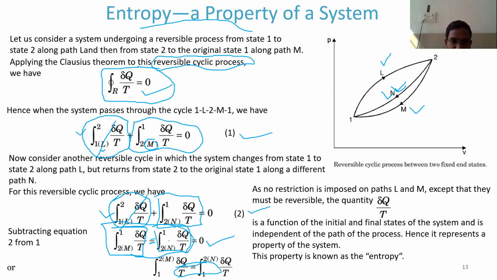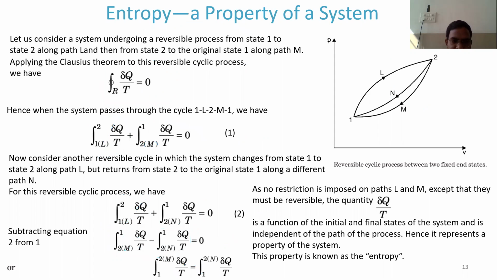So what we have got: when system changes its state from 2 to 1 through path M, the dQ by T term is equal to when system changes its state from 2 to 1 through path N, dQ by T. Means this dQ by T term is independent of the path.